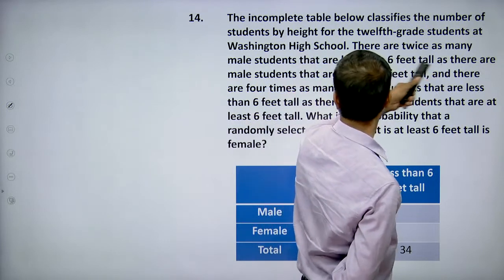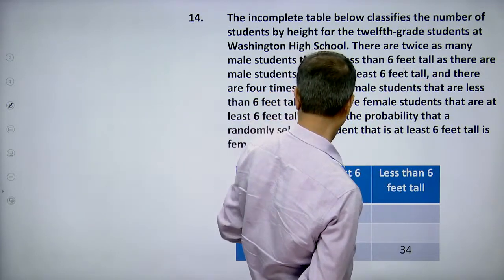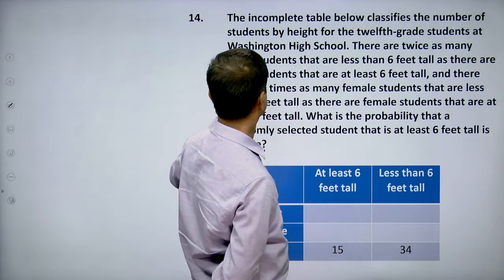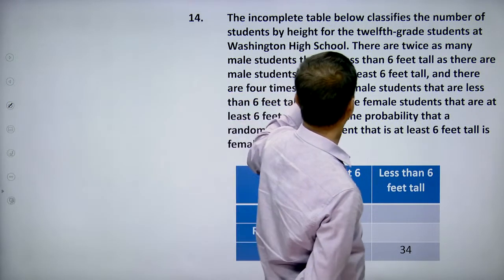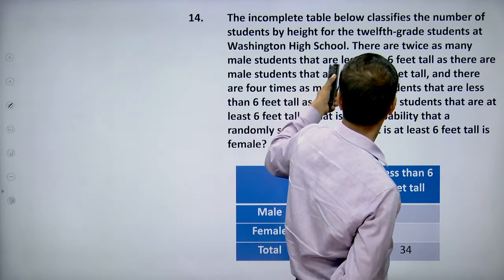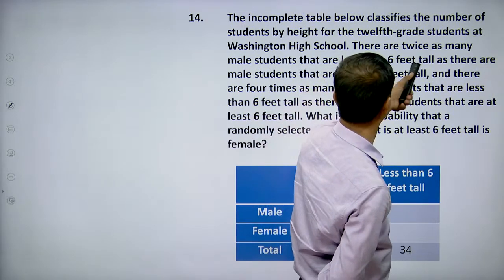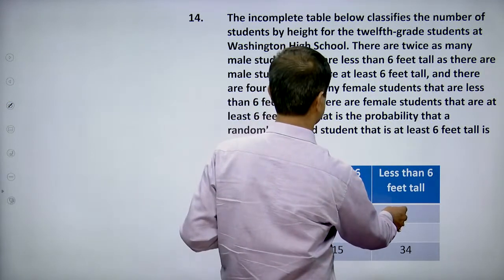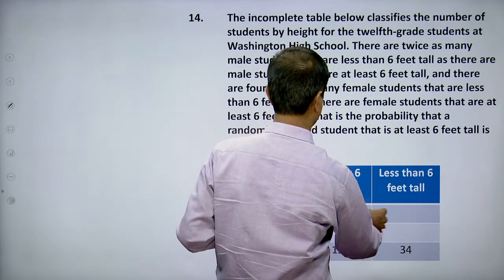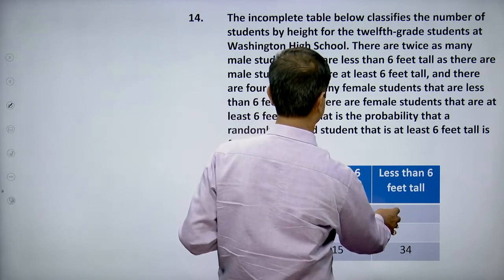There are twice as many male students that are less than 6 feet tall. So now if we take this as x, then it should be 2x.